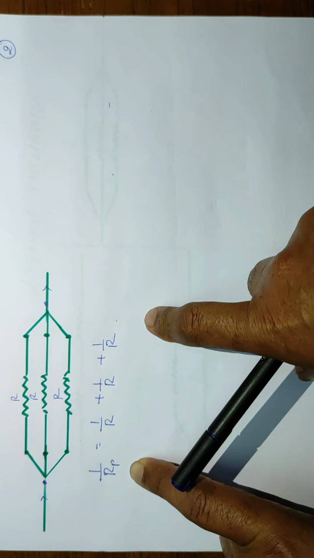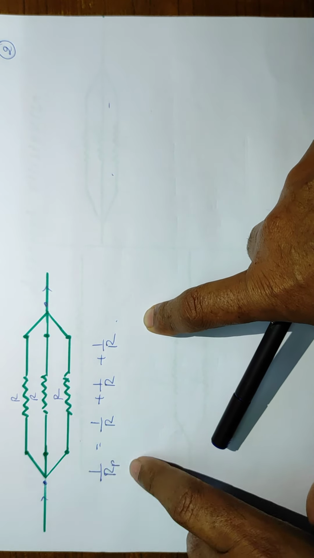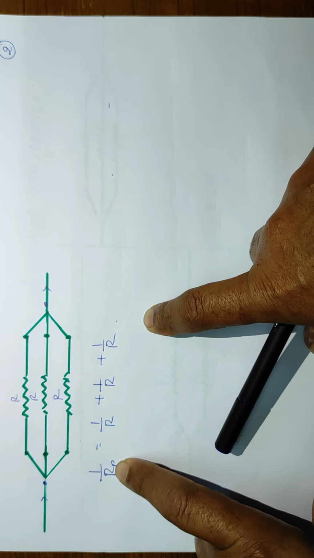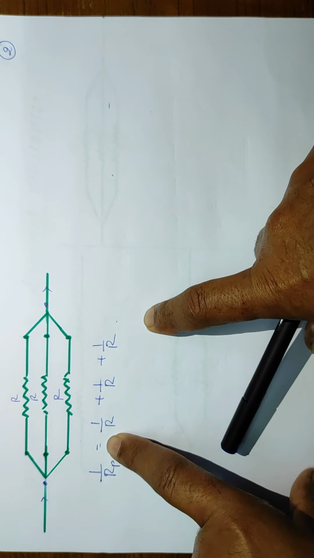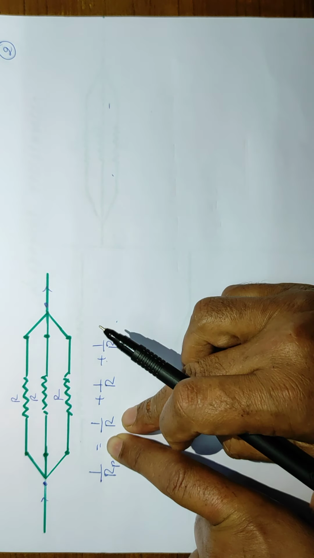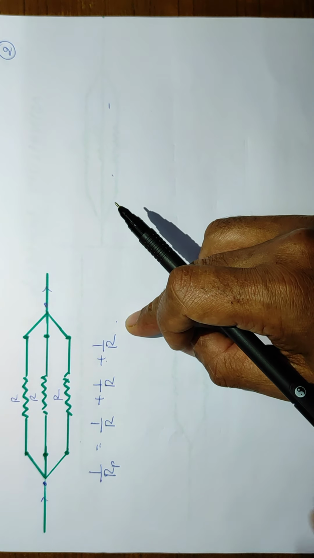We have already discussed this one, is it not? So let me repeat the same. The reciprocal of the equivalent resistance of the parallel combination is equal to sum of the reciprocals of individual resistances.